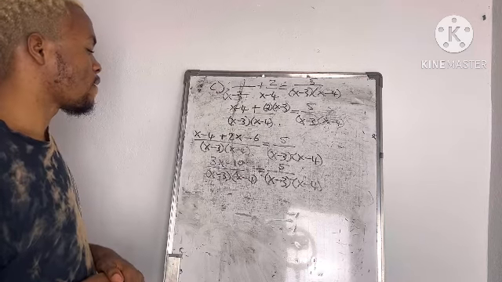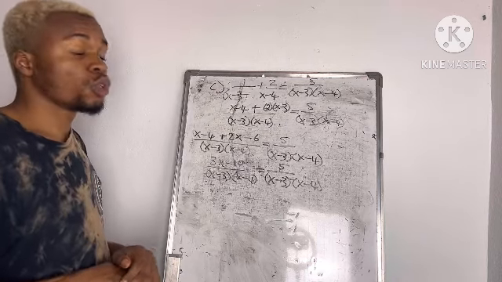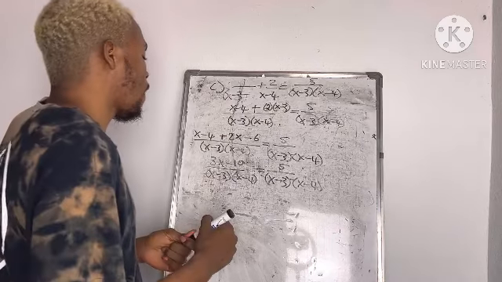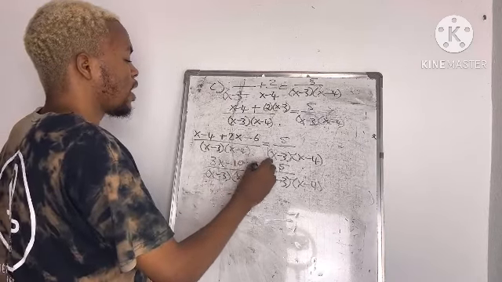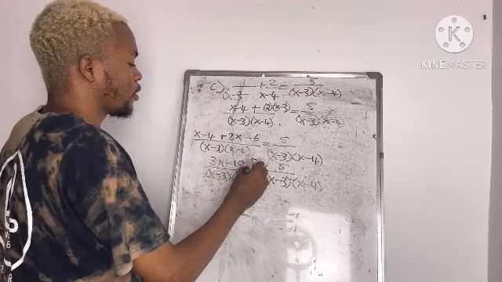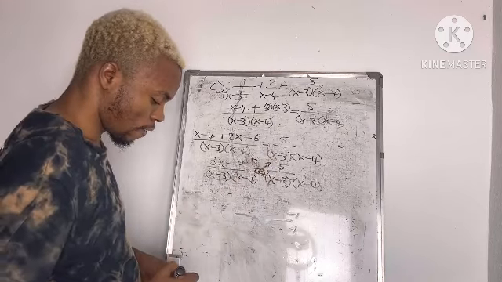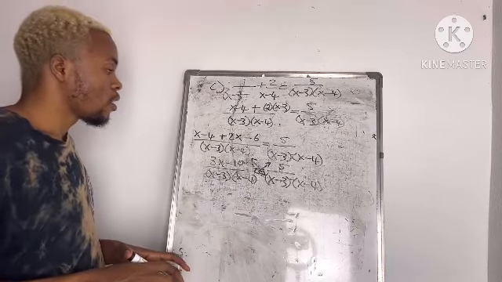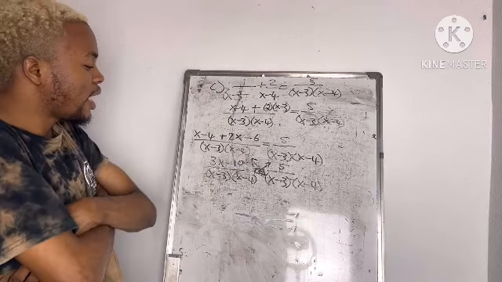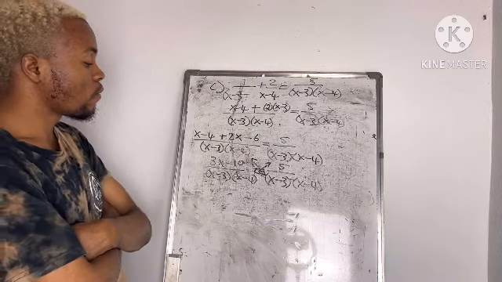So the next thing we have to do is cross multiply. Here there are two things we could do.